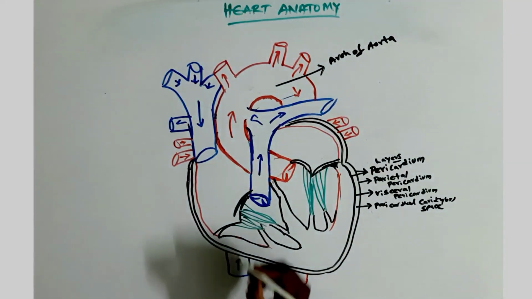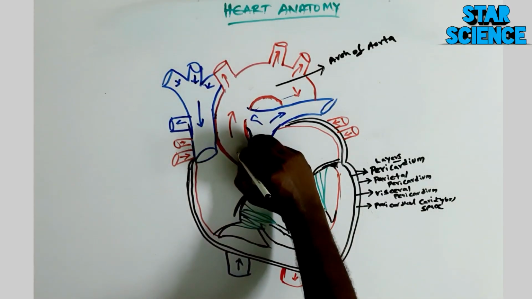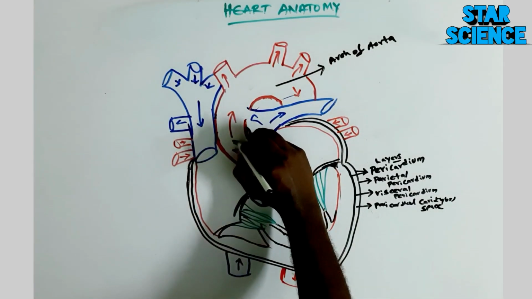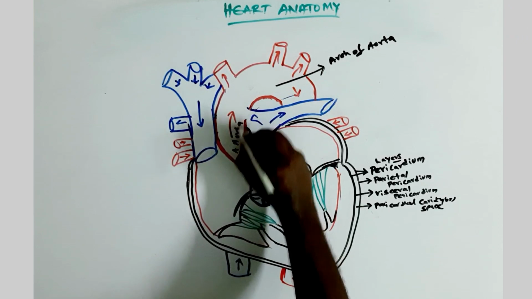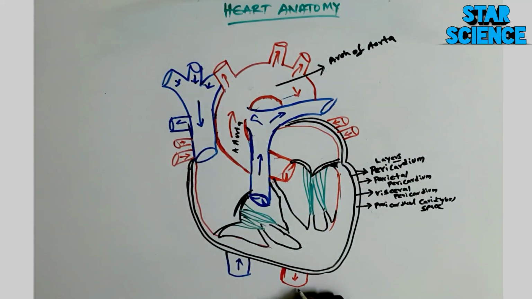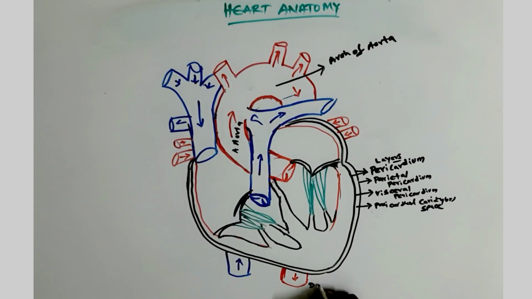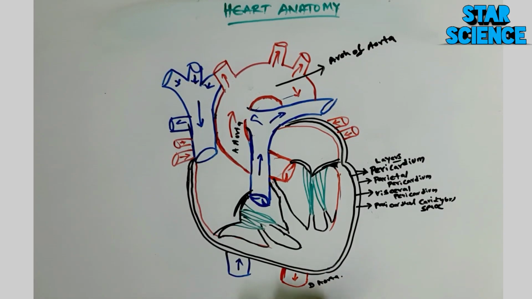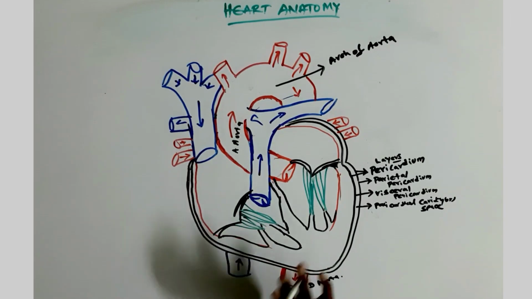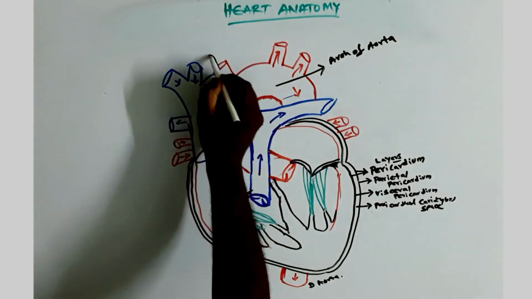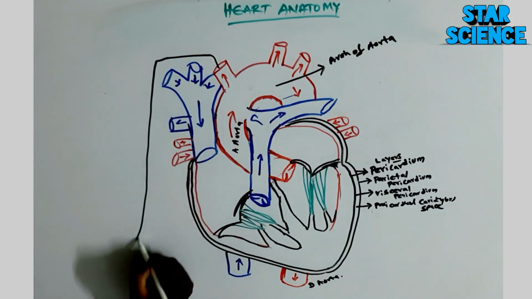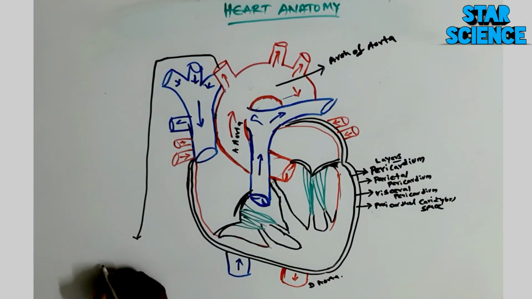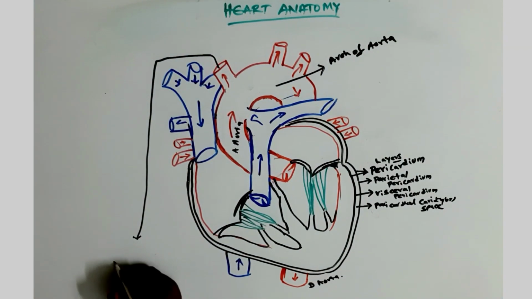It is very responsible for taking all the purified blood to all the parts of our body, and it is also useful to take all the nutrients to all over our body. So it's very important. Now we are seeing the descending aorta, where it takes blood to the lower part of our body.